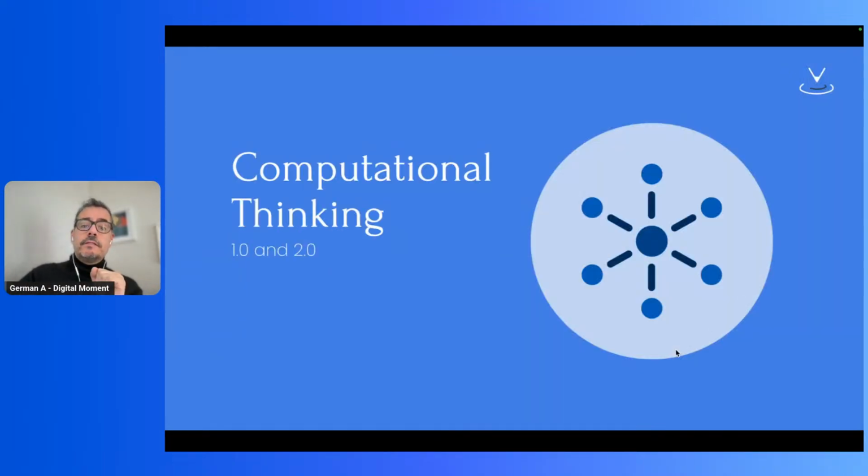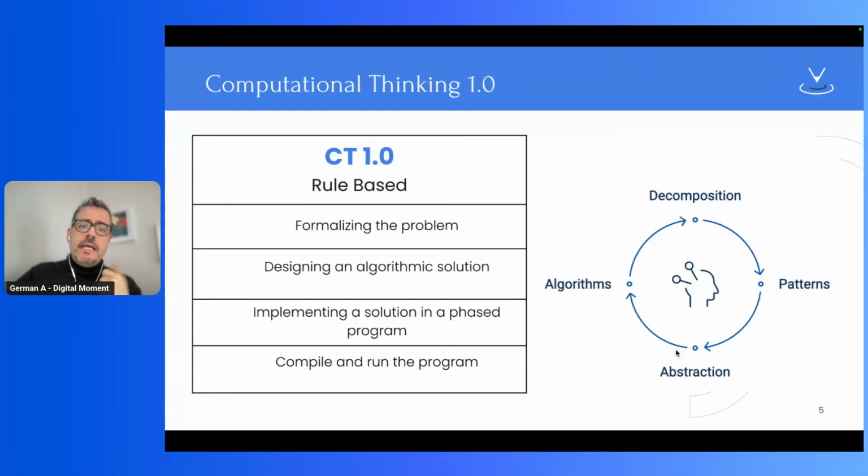Let's get started. So as I said, we're going to start with computational thinking 1.0 and 2.0. Computational thinking 1.0, we can see it from two different points of view. The first one is the one we've been talking about for many years, the one that invited the first concept of teaching everybody about coding.